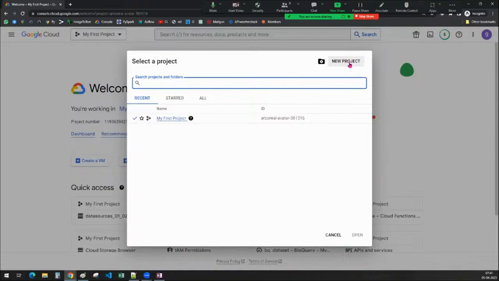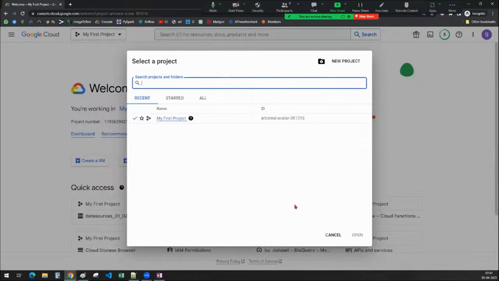Okay, how to create a new project, guys? Click on this new project. You will provide your project ID, project number, that's it. Okay, new project will be created. So each and every product in the GCP can be tracked from the project only, and billing is also enabled from the project only. If you don't select a proper project, you cannot work with any of the resources.